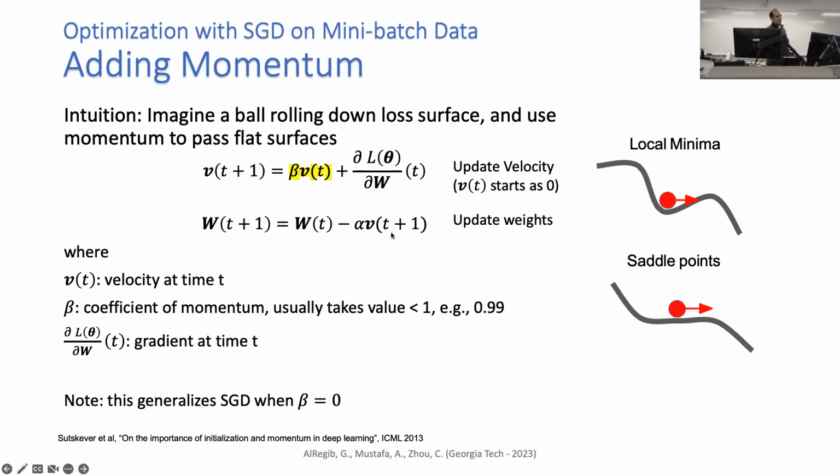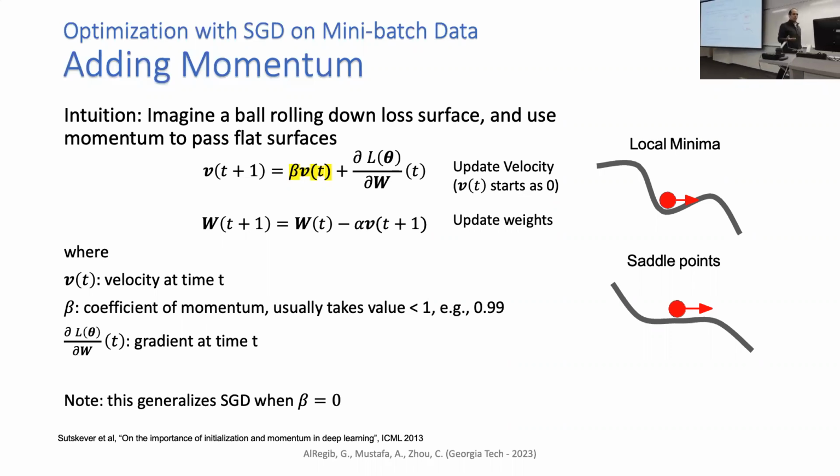At time t+1, this is nothing but you look at what the velocity was, or what the gradient was, at the previous time, plus the gradient at the current one. So you have a kind of running average throughout the time, and now you are controlling all of that using this parameter beta in here. If beta is equal to 0, then all you have is just the classic gradient descent, right?